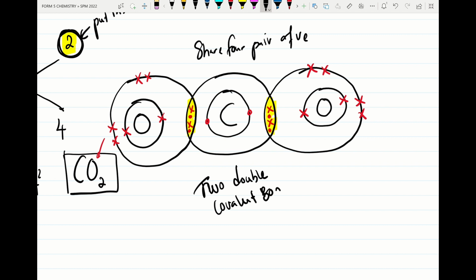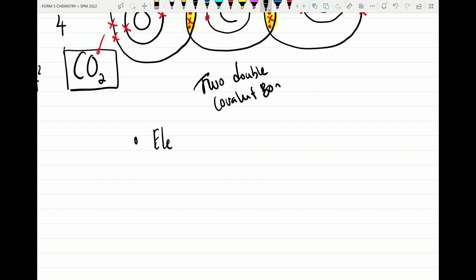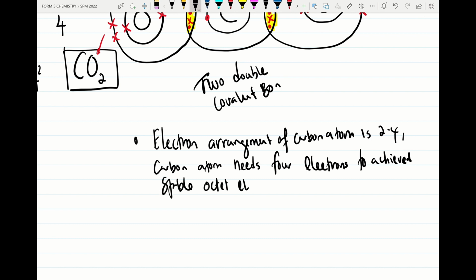All right, so by referring to the electron arrangement of this compound, we try to describe the formation of carbon dioxide. So how to describe the formation of carbon dioxide? So I put here electron arrangement of carbon atom is 2.4, and this carbon atom needs 4 electrons to achieve stable octet electron arrangement.